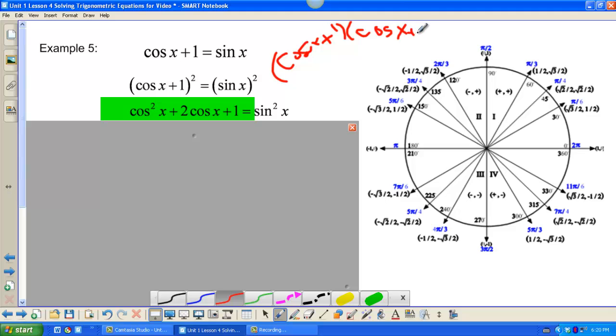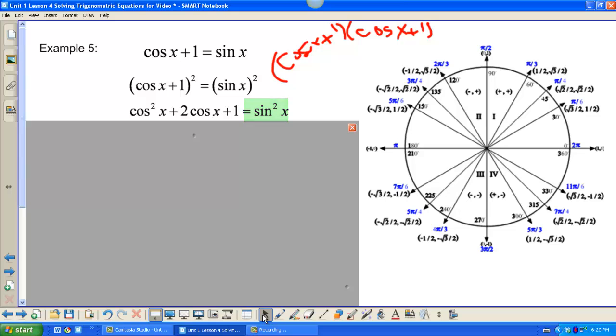I'm going to spare you from doing this on the video because by now you've seen me do this in a previous problem. I'm going to first outer inner last that, or use the distributive property, however you think about that, to yield cosine squared x plus 2 cosine x plus 1. And then when I square the sine of x, I can write it as the sine squared of x.